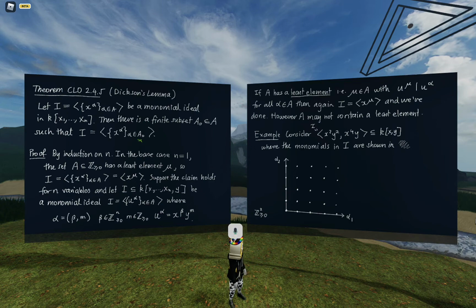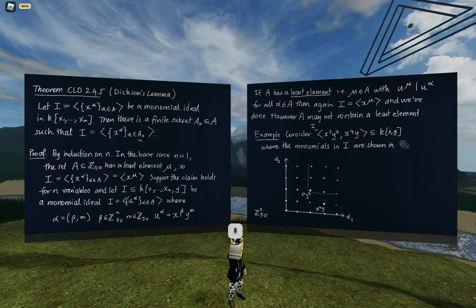So the set of monomials in I is some region in this plane. x squared y squared is this vertex. x to the 4 y is over here. And anything which is greater than or equal to those pairs is also in the ideal, right?